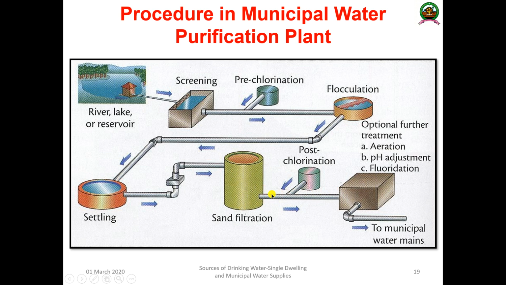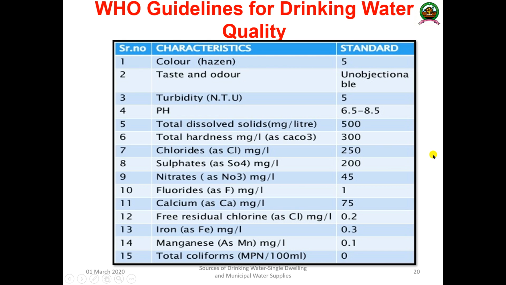Then the water is chlorinated again, known as post-chlorination. Once that is done, aeration is checked, the pH is adjusted, and fluoridation is given if required, and finally it goes to supply as municipal water. So this is the overview of the municipal water supply.